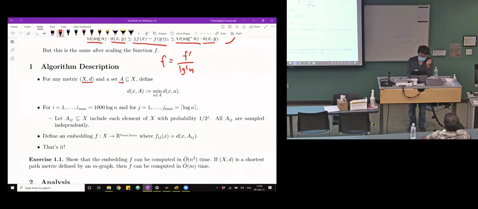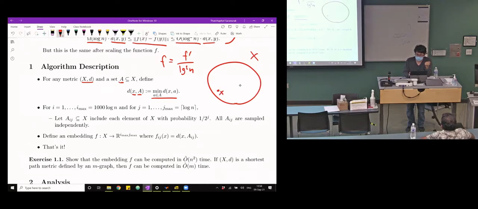And let's say I fix some subset A in X. Given any point x, I define the distance from x to the set to be the minimum distance from x to any point in A. So think of a point x and a set A. Then d of x, A is just the minimum one.